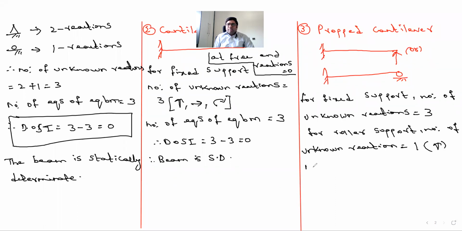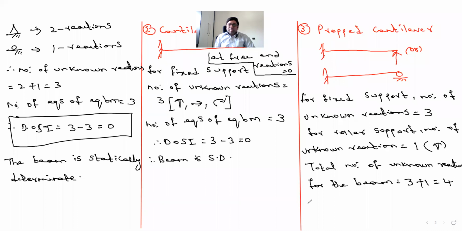Total number of unknown reactions for the beam is equal to 3 plus 1, that is equal to 4.